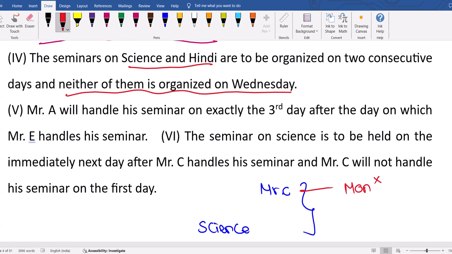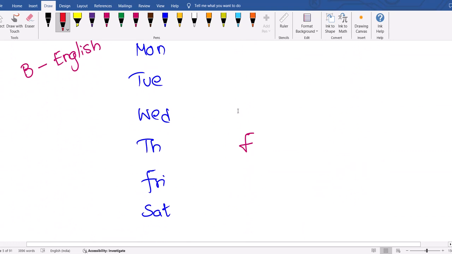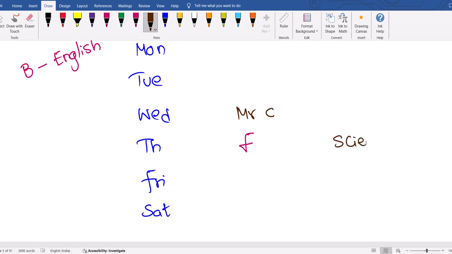So then what is the next possibility? Mr. C on Wednesday, Thursday science. That's one, right? Possibilities we will write both. One may be here Mr. C, here science. Is that okay?